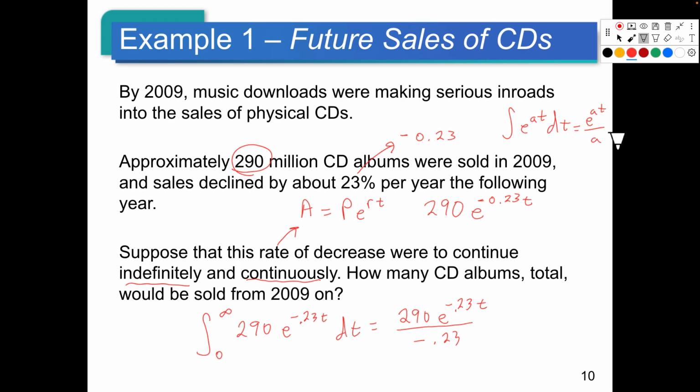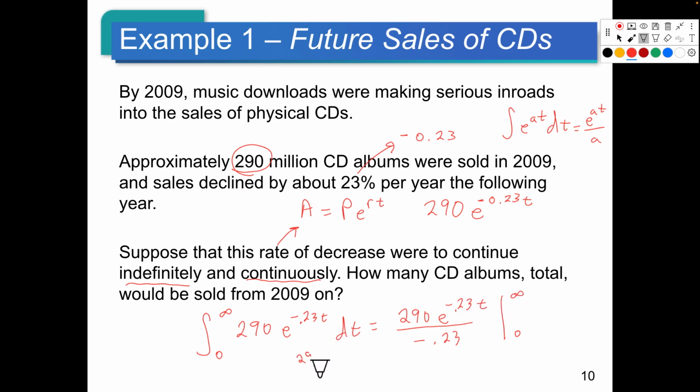Okay, we okay? And then we're going to take this one from 0 to infinity. So what does that give us? We're going to plug in infinity on the front end.